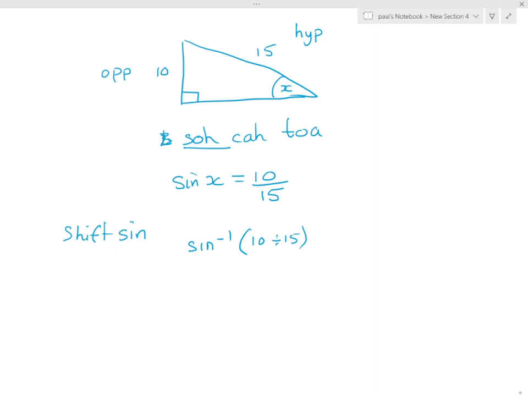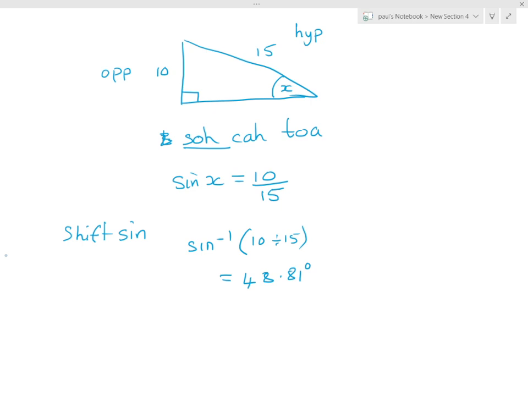I don't think you need the bracket at the end. So 10 divided by 15, and that will come up as 48. 48. So can we go down a little bit? 48.81 degrees.